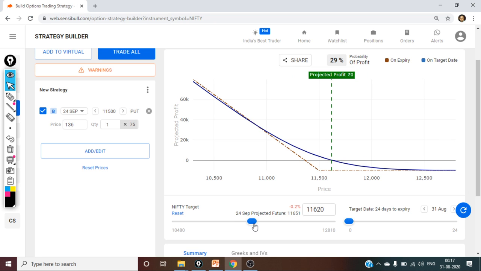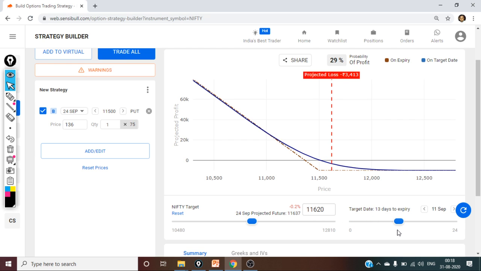Let's say for example, Nifty is right now at 11,620. Nifty does not move anywhere and stays at this strike price, 11,620. It does not move anywhere and time passes. So with the passage of time, you are going to lose money.